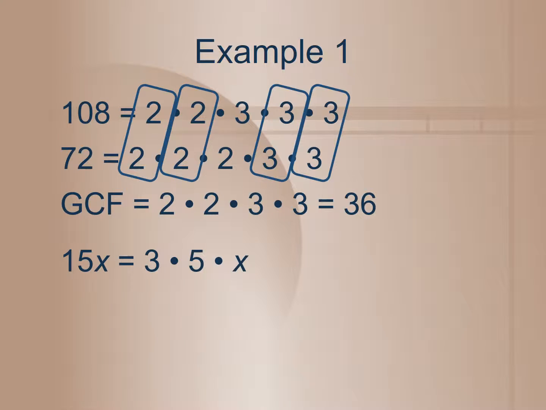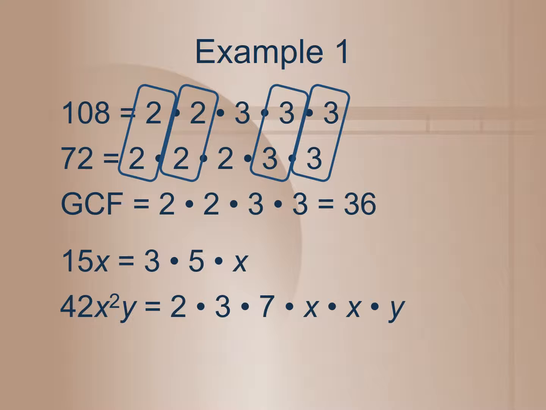Now let's look at 15x. If we were to break 15x up into factors, it would be 3 times 5 times x. And then 42x squared y would be 2 times 3 times 7 times x times x times y.